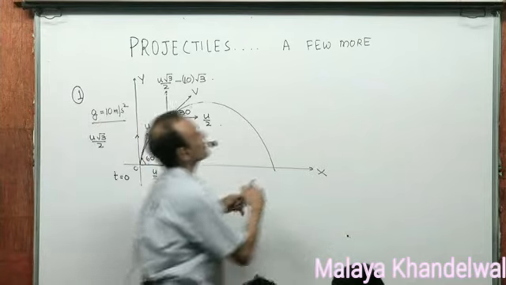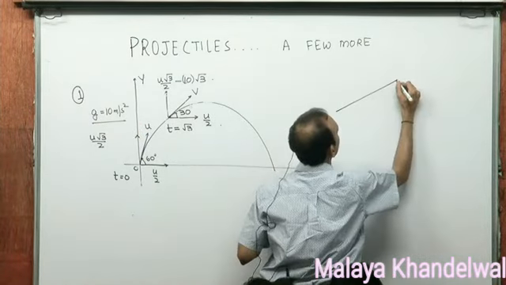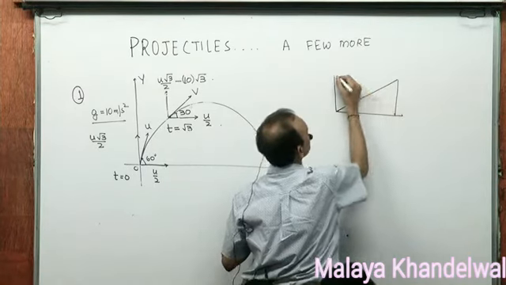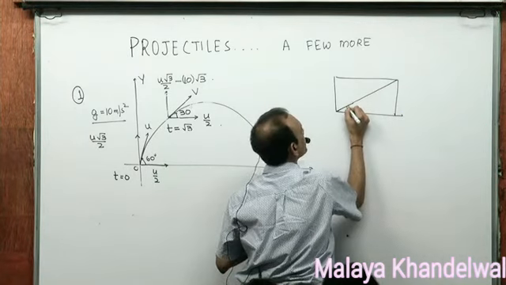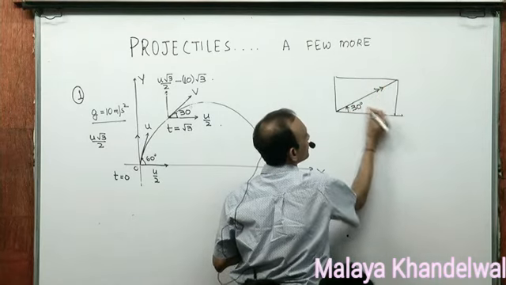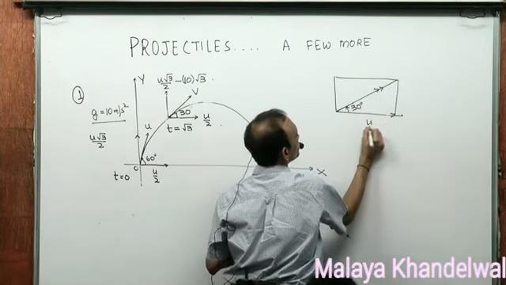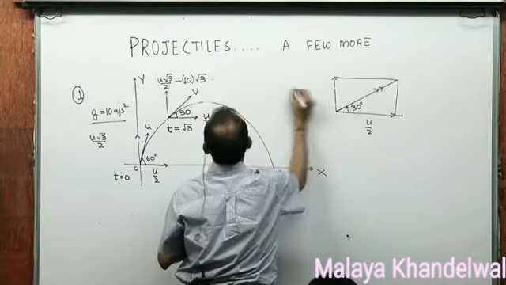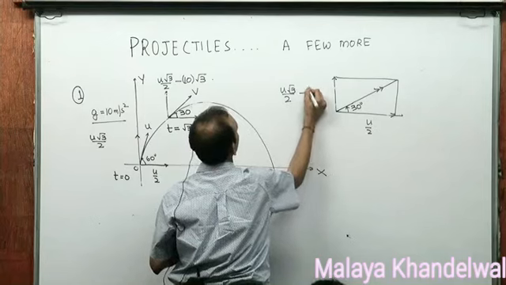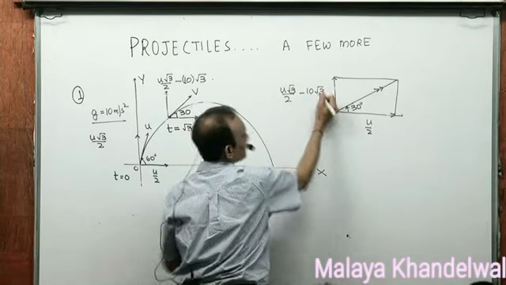Now the resultant of these two components is the net velocity that makes an angle 30 degrees with the horizontal, which means this is how it is. This is the velocity diagram. This is the net velocity that makes an angle 30 degrees, and this is u by 2, and this is u root 3 by 2 minus 10 root 3.